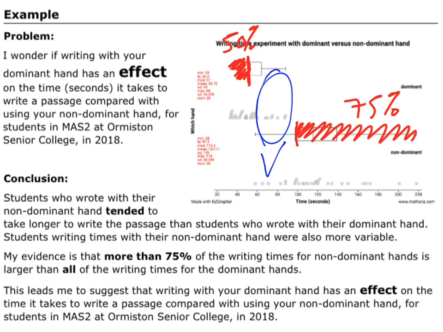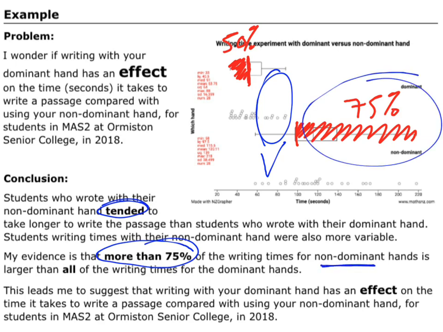I can say that students who wrote with their non-dominant hand tend to take longer to write than those who wrote with their dominant hand. And the evidence for that is more than 75% of the writing times for my non-dominant is larger than 50% of all of the writing times for my dominant.